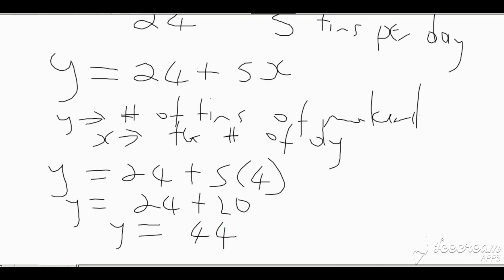So basically what I did here was to create a linear model that makes it easy for me to work out how many tins of mackerel I would have over a given period of time. And so powerful are linear equations that you yourself can create a linear model for a lot of things that happen. Perhaps you create a product and you want to decide how this product is selling. You can use an equation to model these various scenarios.